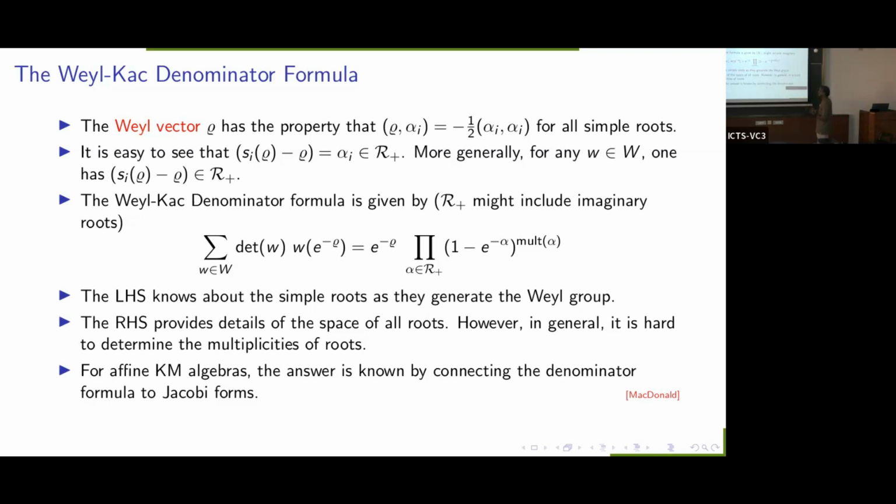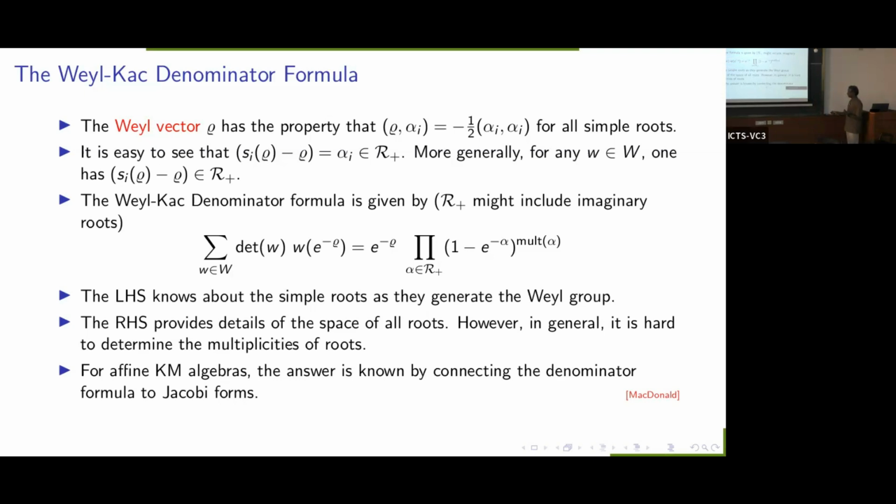The sum side is a sum over the Weyl group. So we saw the Weyl group, it's a group. It doesn't matter if it is infinite or whatever, it is just a sum over the full Weyl group. And this is just the sign of the Weyl group element, with the Weyl group acting on this. So this gives you the sum side. And you can see the Weyl vector up here. Again, it's conventional.